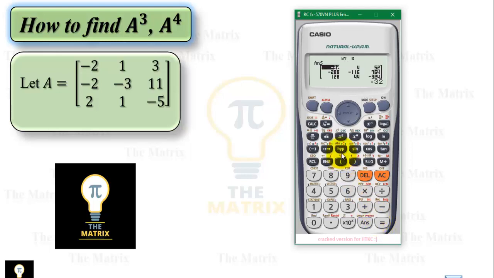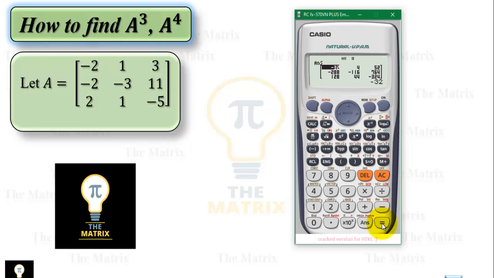There is another method for finding A cube, that is Mat A into Mat A into Mat A. It gives us the A cube matrix, which is simply -32, 4 and so on.